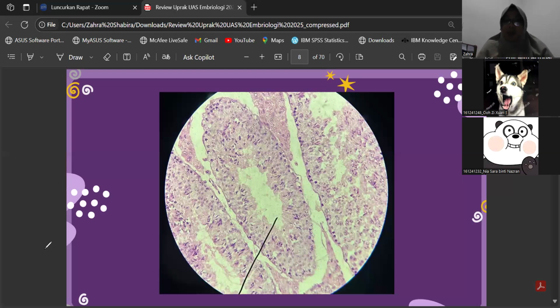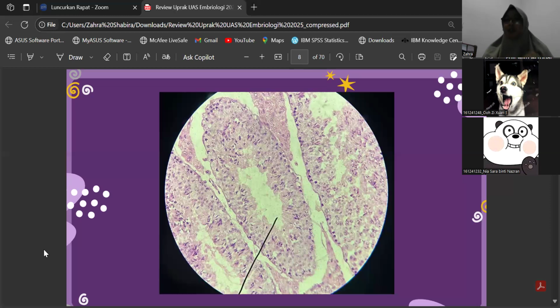If the question is, what cells are pointed at with that arrow, what are you going to answer? What word slips into your mind if there is a question, what cells are pointed by that arrow? Recall again.